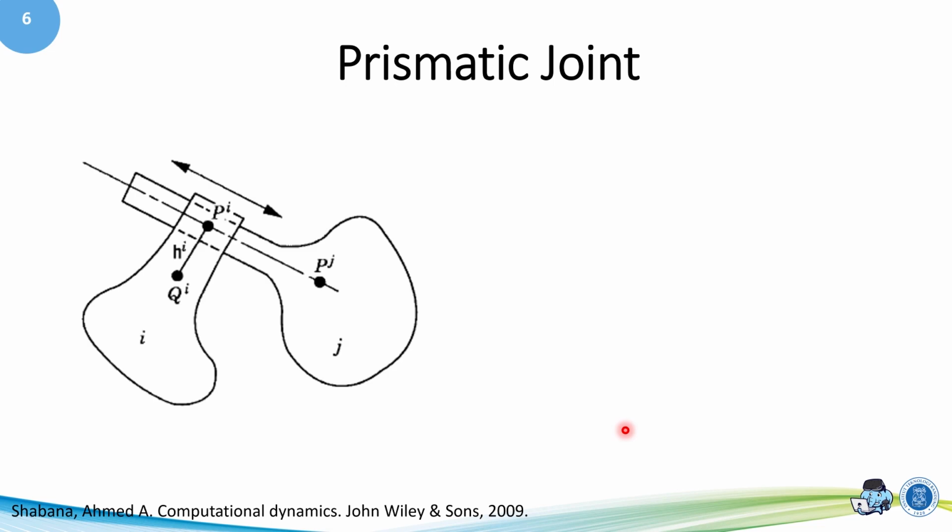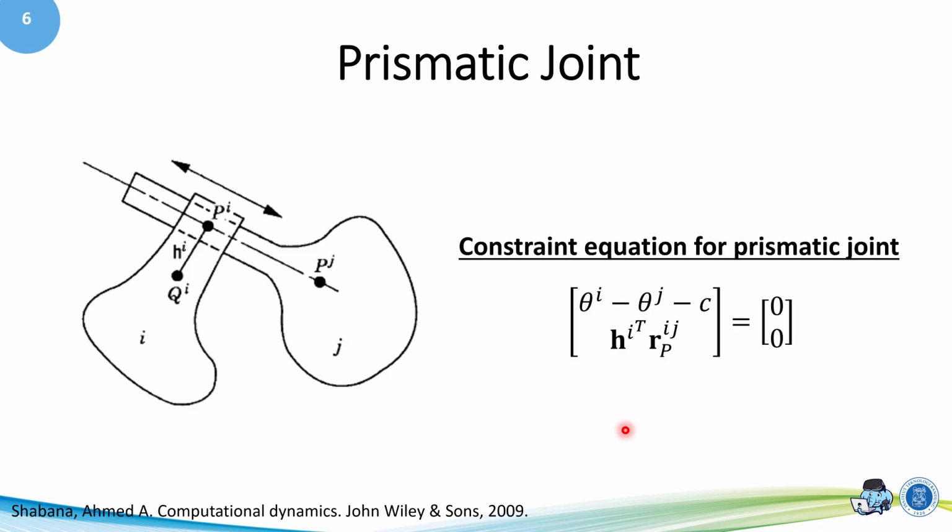So, in conclusion, the prismatic joint constraint can be written as these equations. The first one is theta i minus theta j minus c is 0, and also xi transpose times Rpij is 0, because the vector x and the vector r are perpendicular.